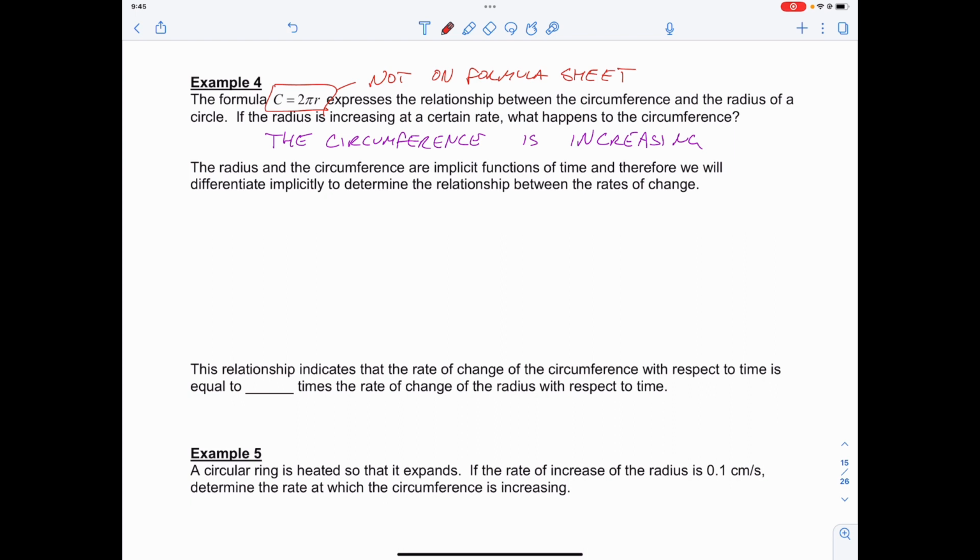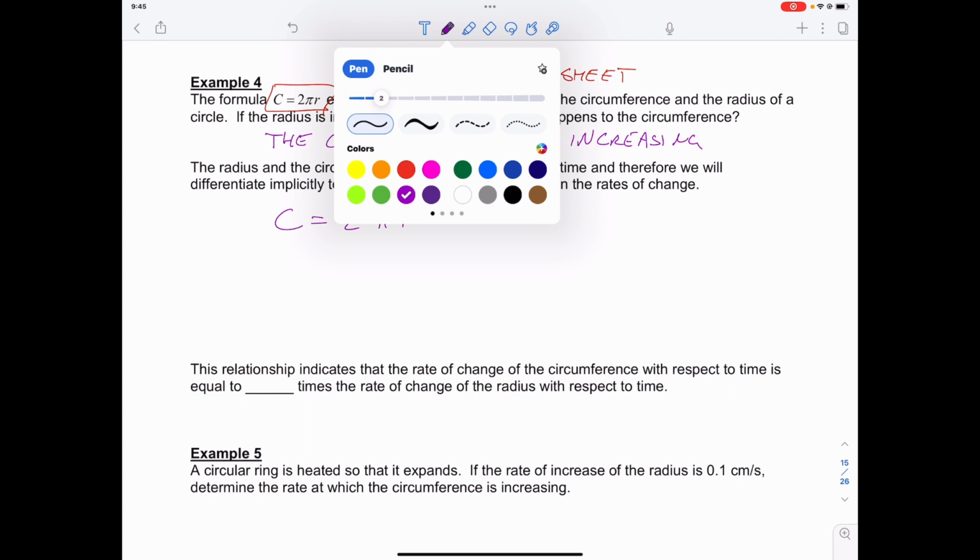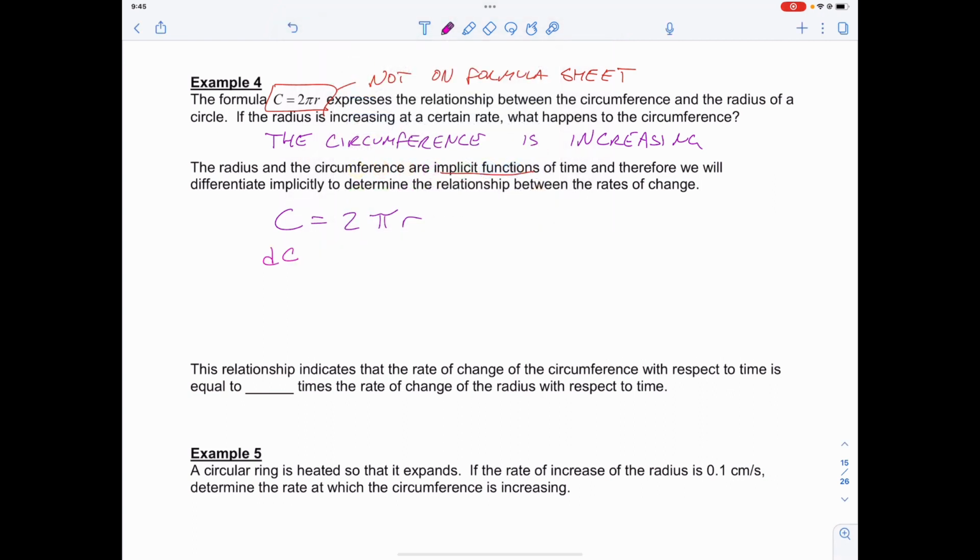So it says the radius and the circumference are implicit functions of time and therefore will differentiate implicitly to determine the relationship between the rates of change. So if my formula is C is equal to 2 pi r, and I'm figuring out what's happening to the circumference in relation to time, then when I differentiate, I'm going to get dC over dt is equal to 2 pi, and then the differentiation for r in terms of time is just dr over dt.